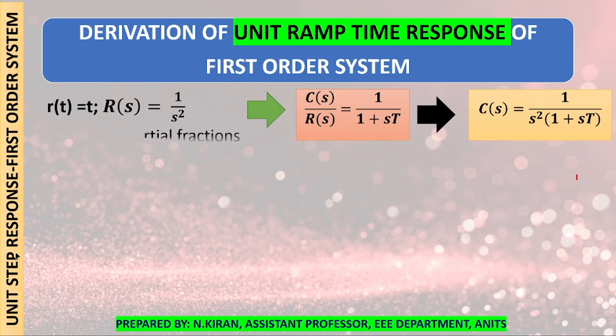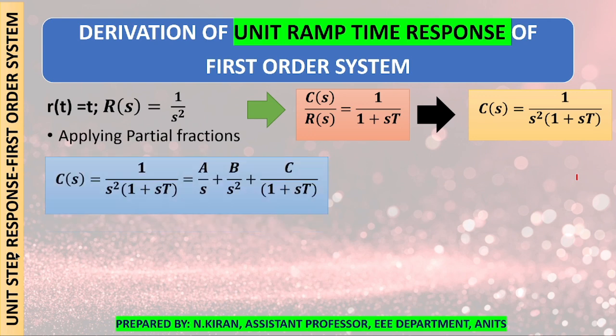If I take partial fractions, that will give me A/s + B/s² + C/(1+sT). Here also I can take T common in the third term, that will give s + 1/T, or else I can keep it as it is, your wish.